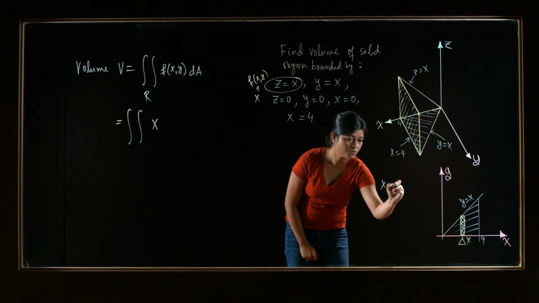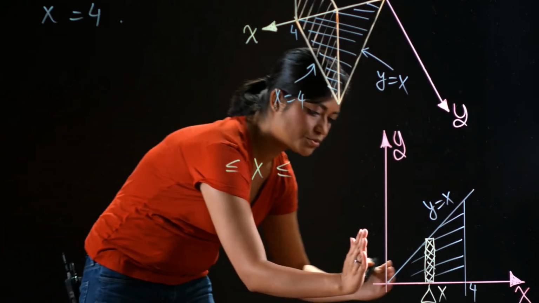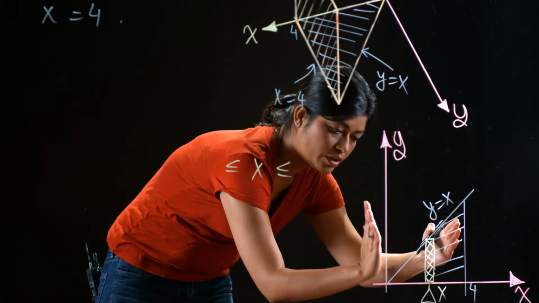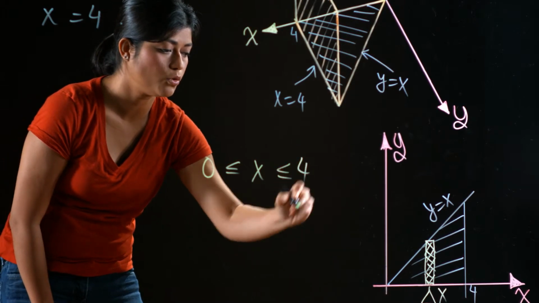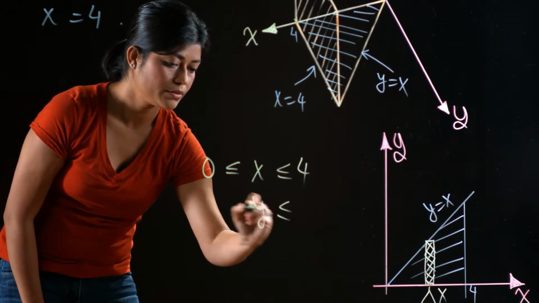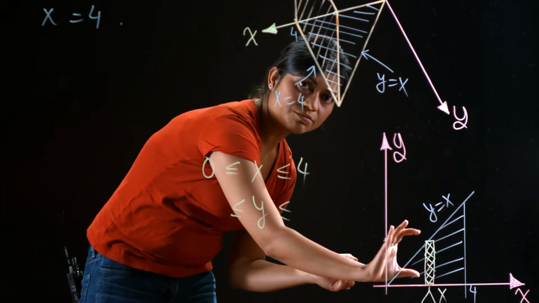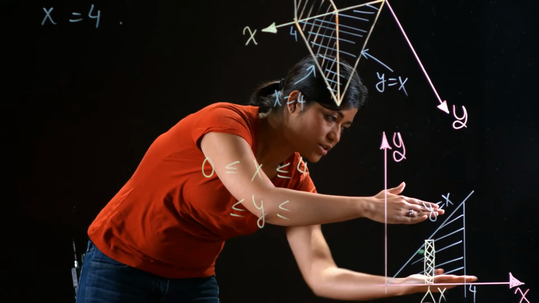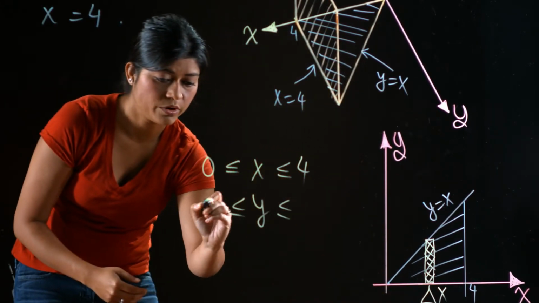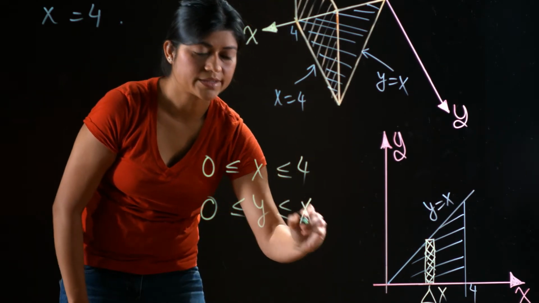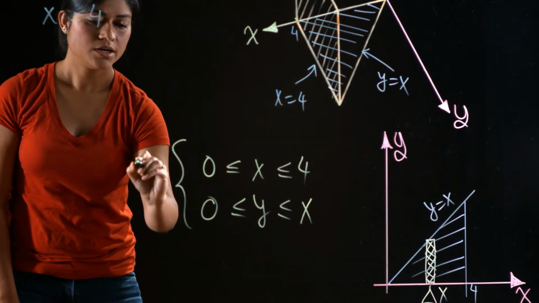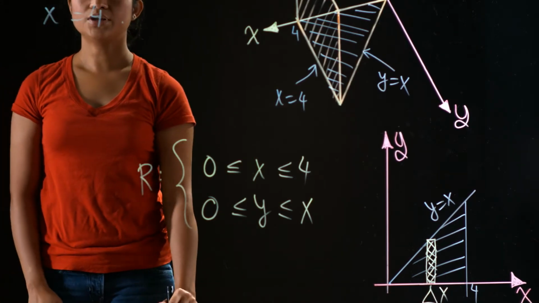Now, let's see the bounds here. x lies between which 2 points? Well, it starts at 0, ends at 4. So, x is between 0 and 4. And what about y? You have to look at the length of the rectangle now, and it starts at the x-axis, which is y equals 0, and ends at the line y equals x. So, these are our bounds for the region R.